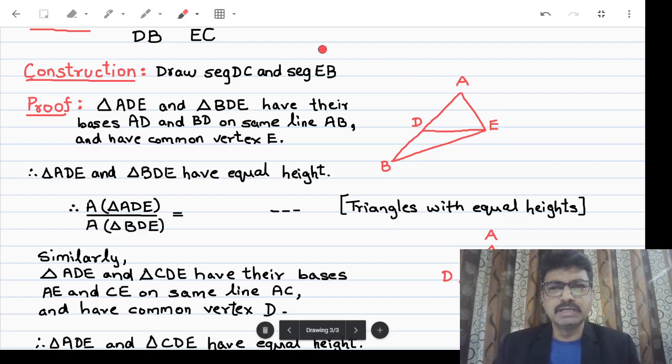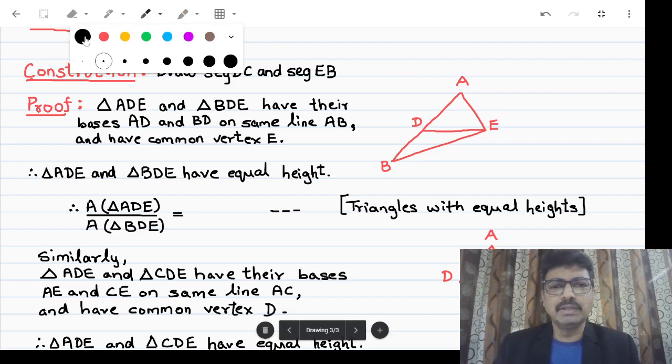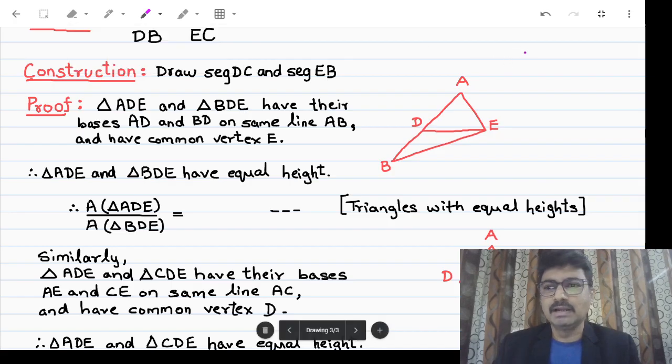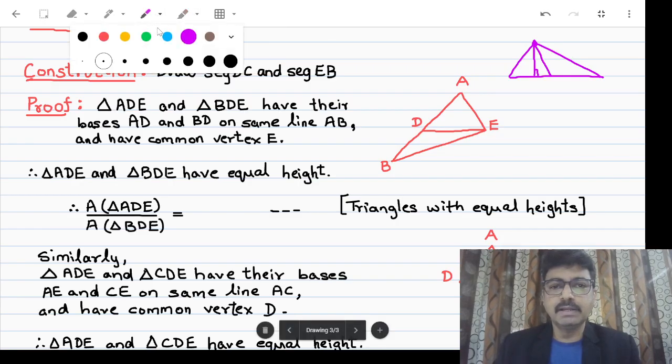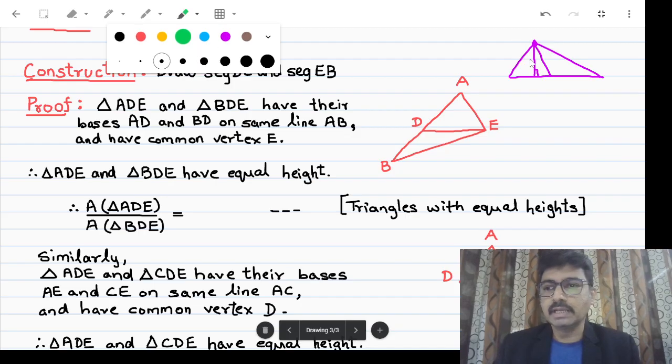Do you remember, students, how we had learned about triangles with equal heights? Let us quickly have a glimpse of what we had learned. We had drawn triangles something like this. And then we said, if I draw a perpendicular from this top vertex on the base, this is the perpendicular. Now this perpendicular will be a perpendicular for two triangles. Which are those two triangles?